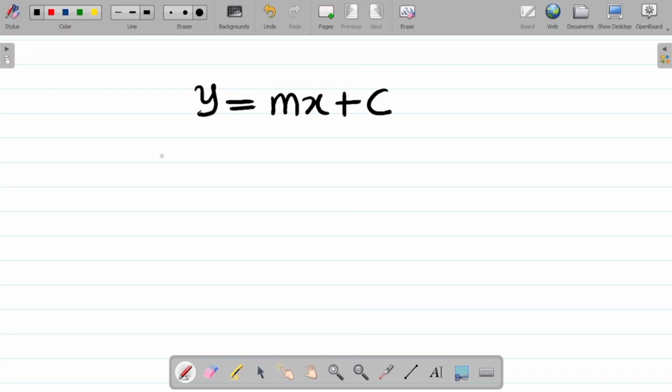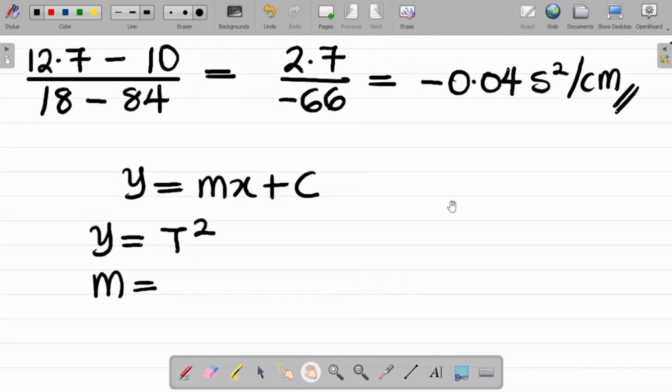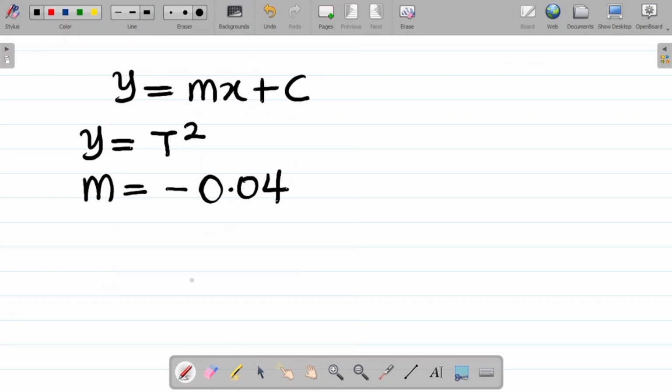So y is simply the parameter on the vertical axis, which in this question is t squared. M is simply your slope, which in this case we got as minus 0.04. Okay, next up, your x is simply equal to the parameter on the x-axis, which is h.